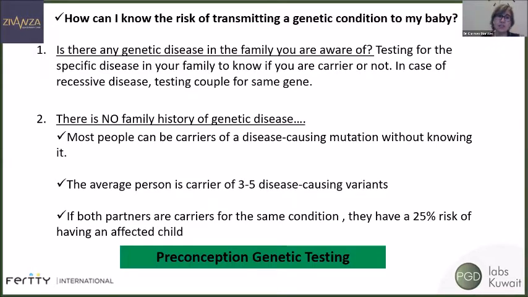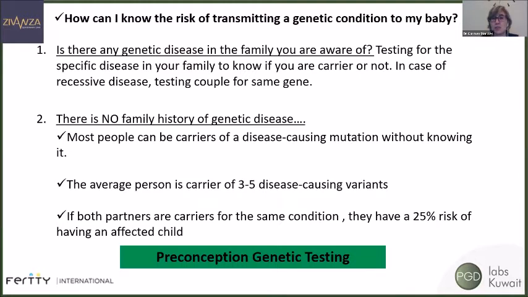But we have a second scenario when there is no family history of any genetic disorder, or at least I don't know if there is any. We have to consider that, as I told you, most people can be carriers of a mutation that is causing disease without knowing it.